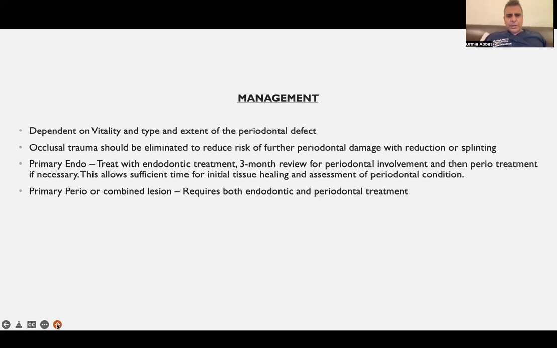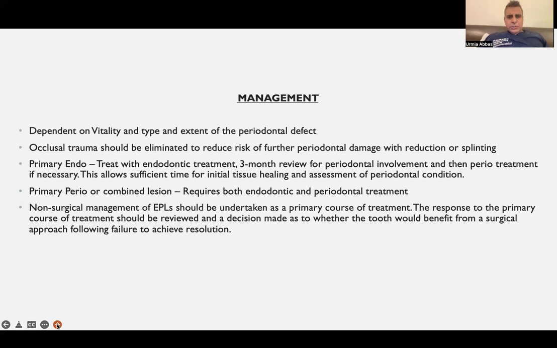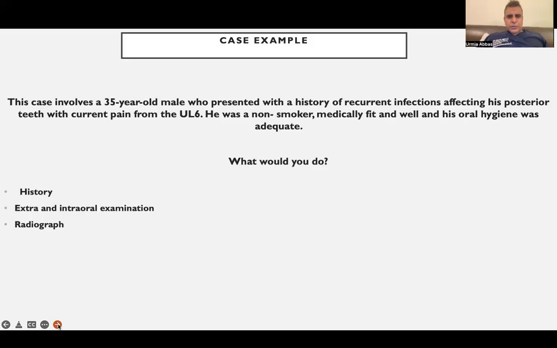Primary perio or combined requires both endodontic and periodontal treatment. Non-surgical management of endo-perio lesions should be undertaken as the primary course of treatment. The response to the primary course of treatment should be reviewed and a decision made as to whether the patient would benefit from a surgical approach following the failure to achieve resolution.